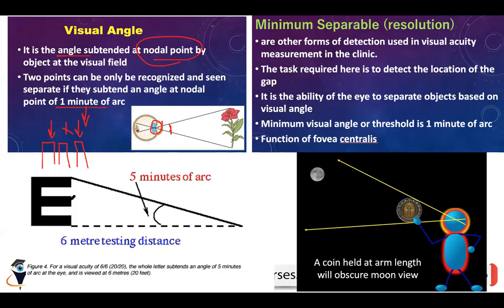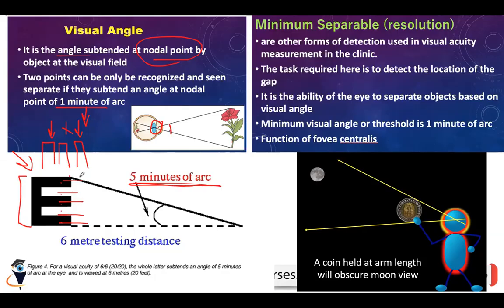But for the optotype, the whole optotype will subtend an angle of 5 minutes of arc because it contains 5 limbs. Every limb, in order to be separate, this will stimulate one cone, and this white space will not stimulate the cone. This will stimulate, and this will not, and this will stimulate.